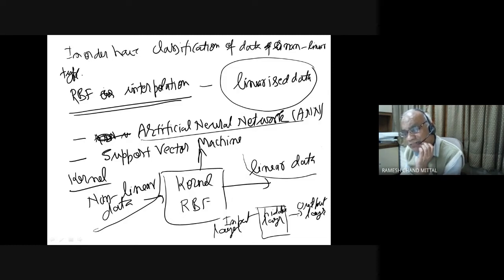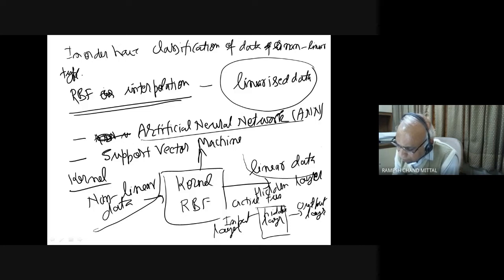In case of the artificial neural network with RBF, basically your hidden layer activation functions are RBF. That's what you do when you have a neural network.